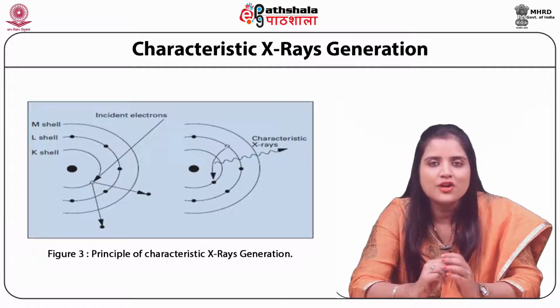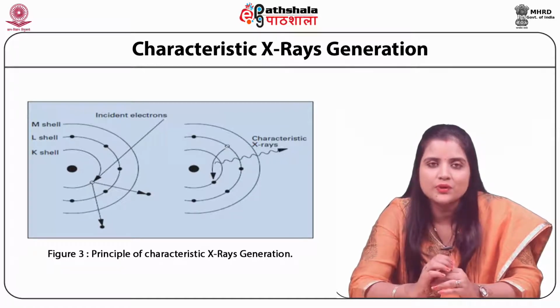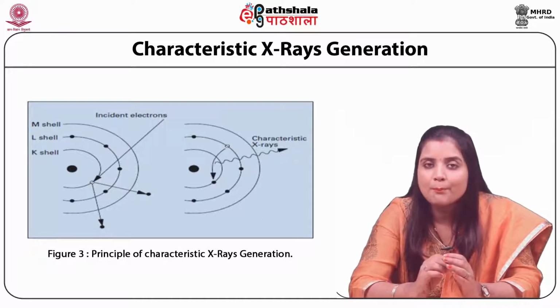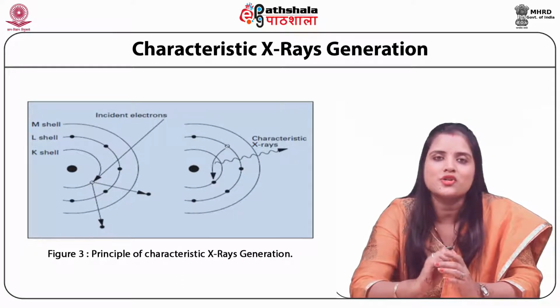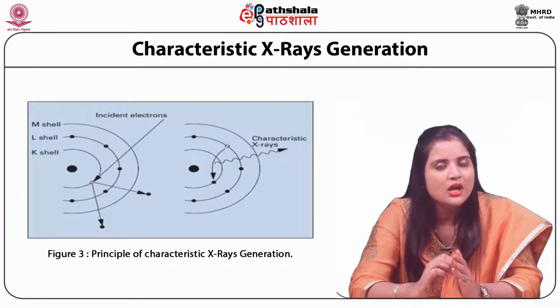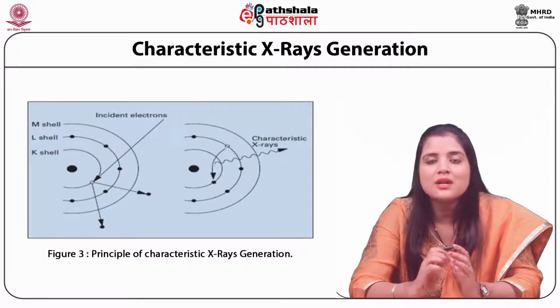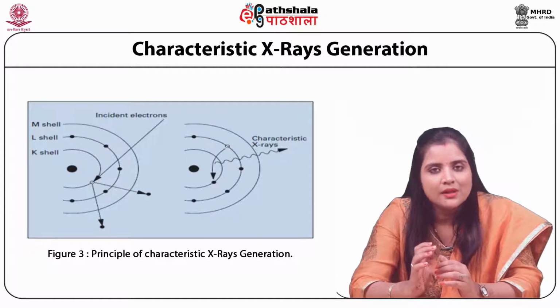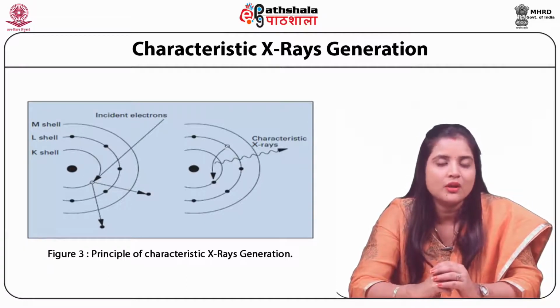The joule of energy which is liberated in electron transfer depends upon which shell it is transferring from and to. The emitted X-ray energy as well as the number from the specimen is obtainable by an energy dispersive spectrometer.